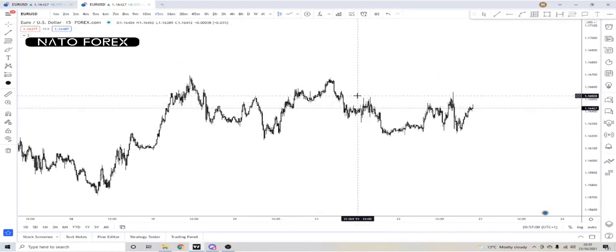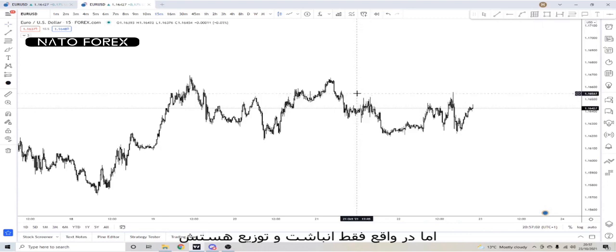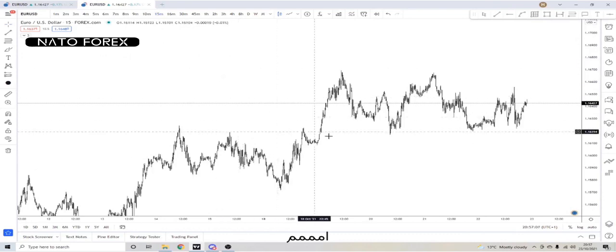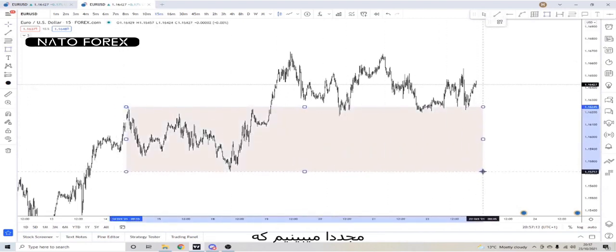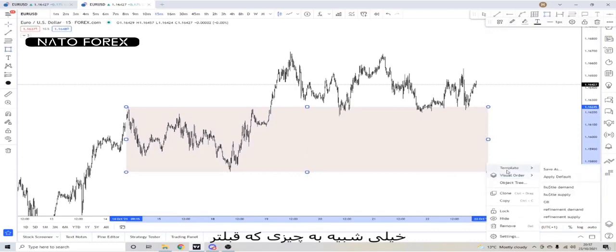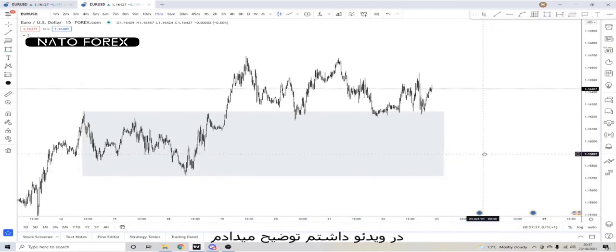Essentially, it's just accumulation and distribution. So if we zoom out like this, again, we can see we have this whole range here, very similar to what we was just looking at a minute ago.